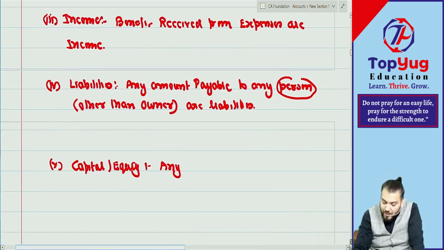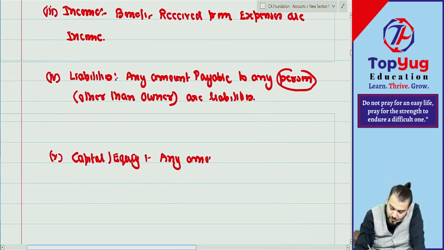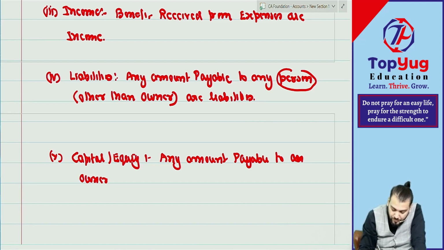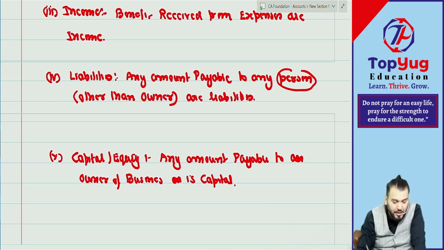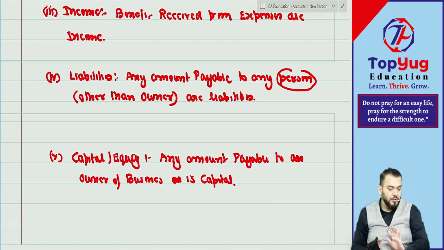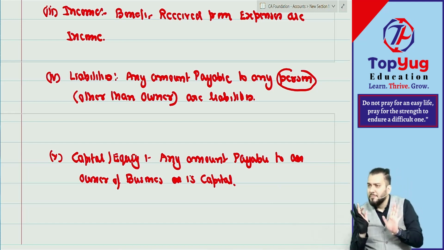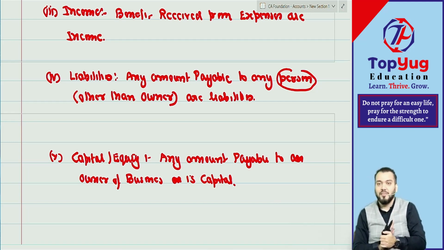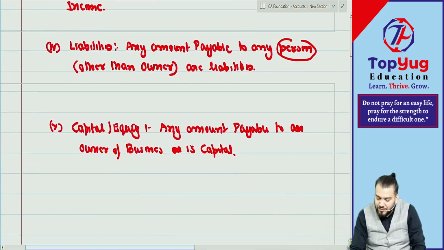So any amount payable to owner of business is capital. Understood? Very simple. Very simple meaning I have given, not technical meaning. Technical meaning we will do at the right time. Just try to understand.